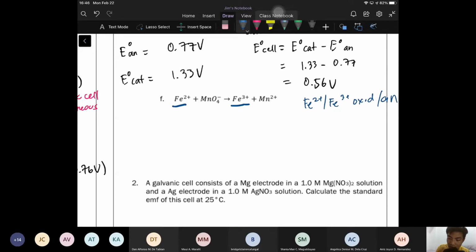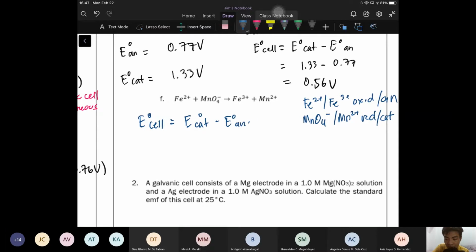And then we have MnO4 minus Mn2 plus. That will be our reduction. No? So MnO4 minus Mn2 plus. That will be our reduction or our cathode. No? So once identifying which chemicals, alin sa mga substances natin yung mag-undergo ng oxidation, reduction, we can now solve for the E cell. Again, the formula, E net cell equals E cathode minus E anode. Okay.